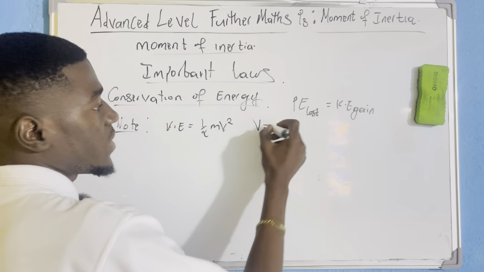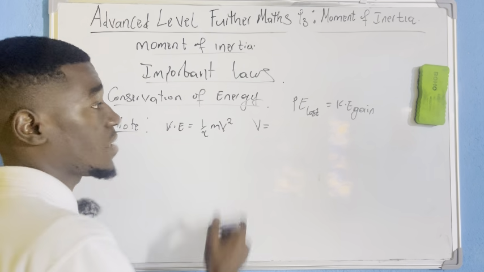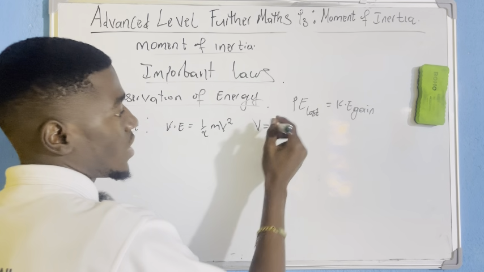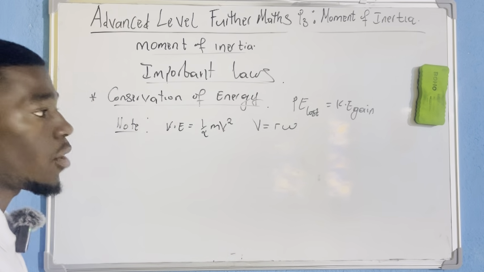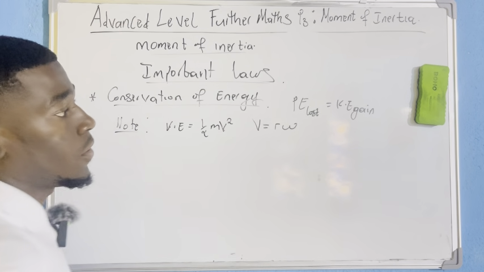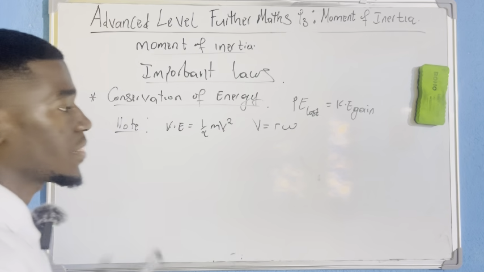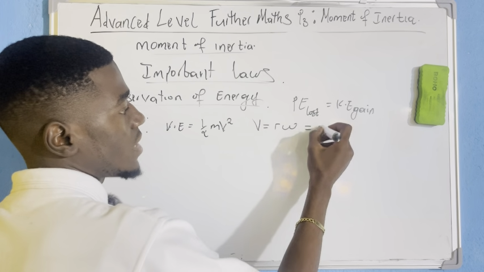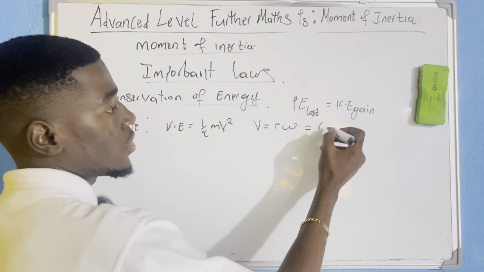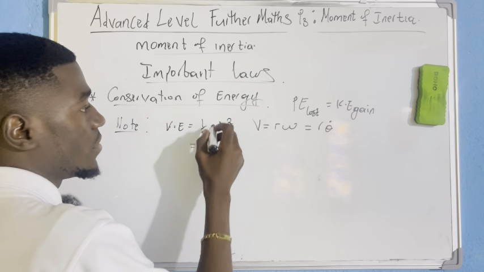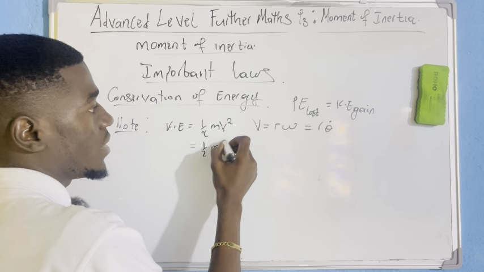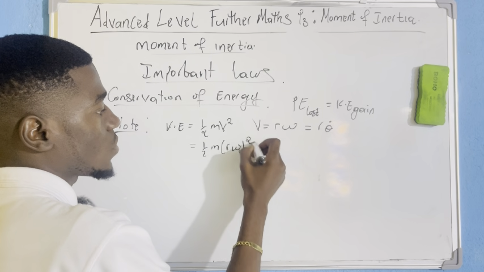So I should express this v, a linear velocity, in terms of the angular velocity. v is r omega, where omega, or w, is the angular velocity, the same as r theta dot. So the kinetic energy becomes half m times (r omega) squared.